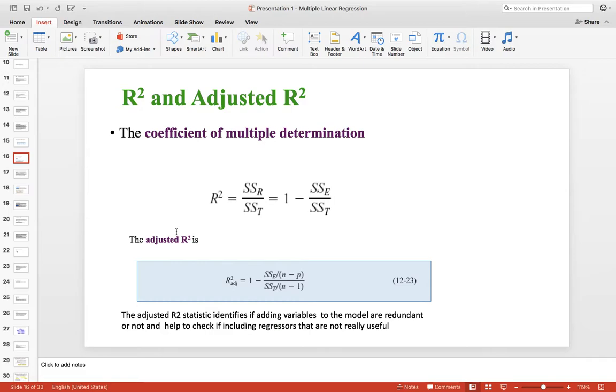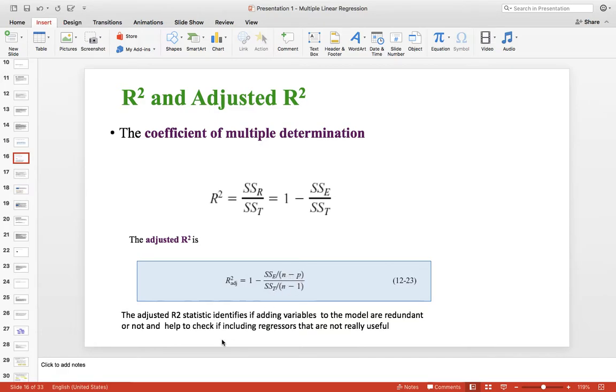The R squared is just the regression sums of squares divided by the total sums of squares, and the R bar squared is the sums of squares due to error divided by sums of squares due to total. So here it is n. This is sums of squares. This is mean sums of squares. So it's actually the mean sums of squares due to error.